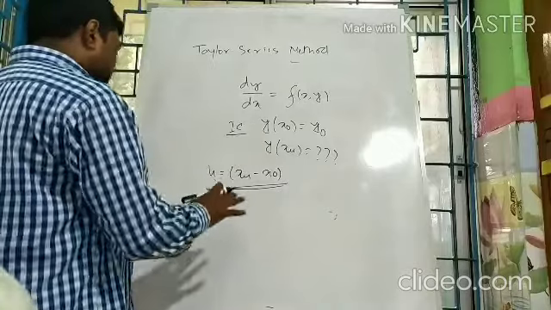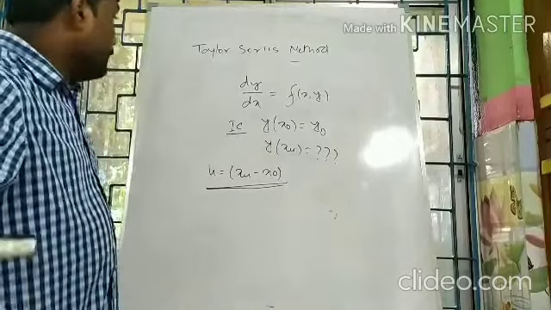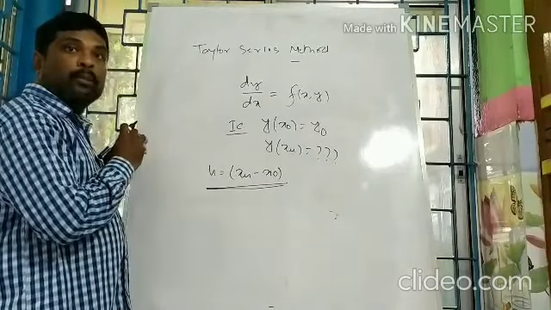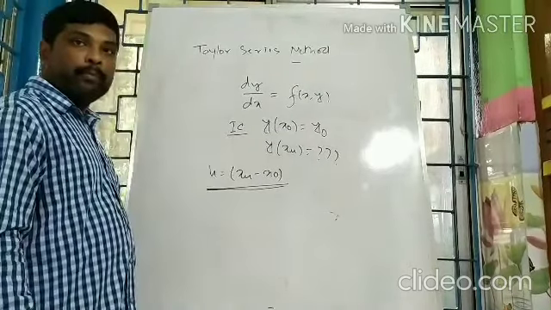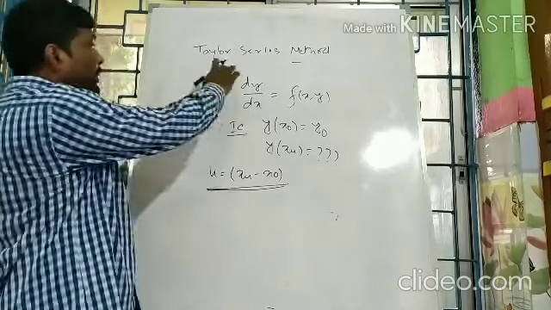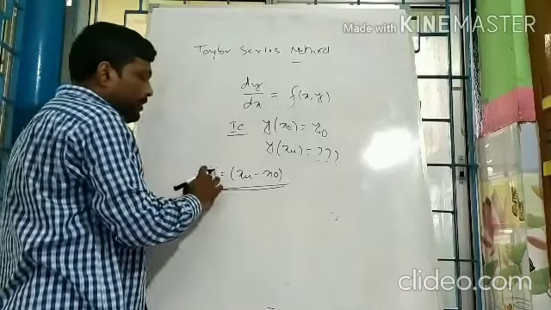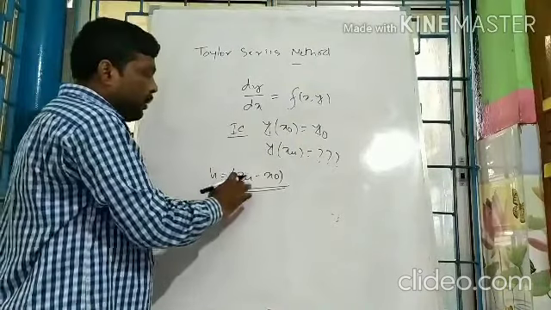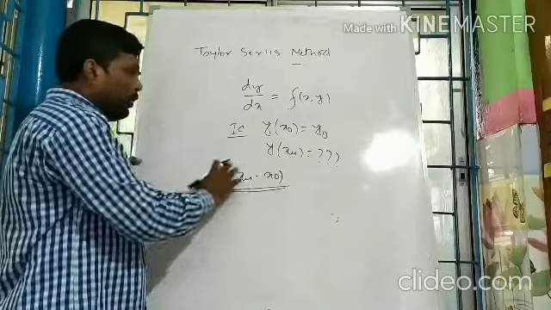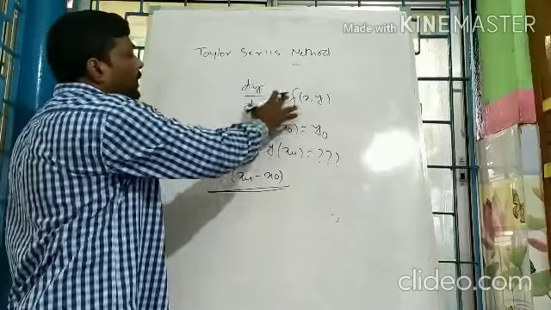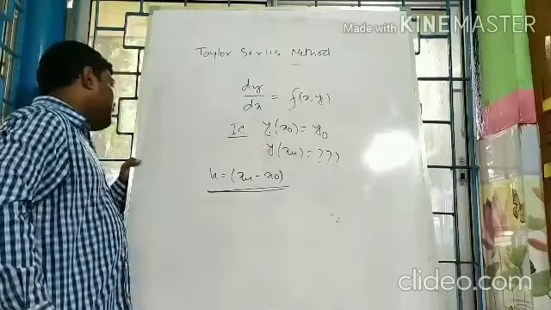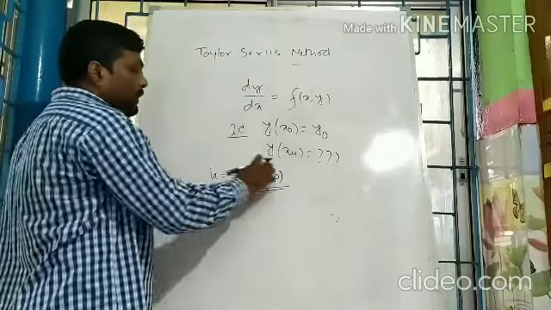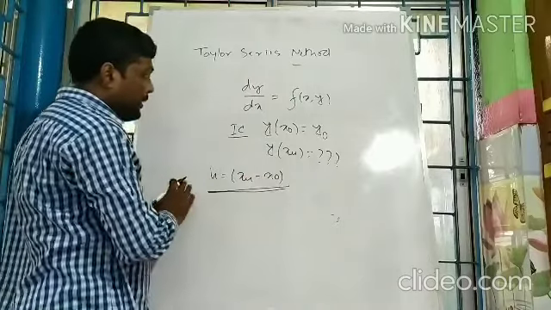For the Taylor series method for numerical computation of the first order differential equation dy/dx = f(x, y), we take h = xn minus x0.